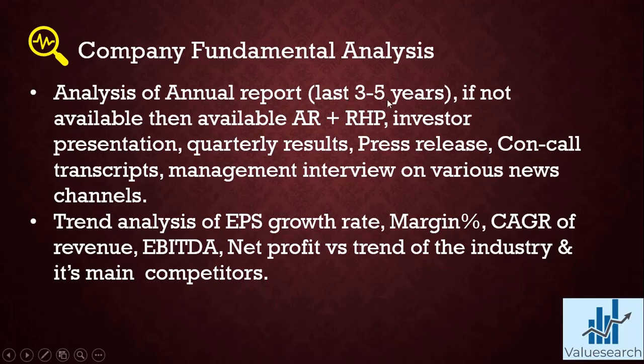You should be reading at least the last 3 to 5 annual reports of that particular company. If not available, that means if the company is newly listed on the stock exchanges, then whatever number of annual reports are available to you, you can read those, plus you can refer to the RHP, that means Red Herring Prospectus.